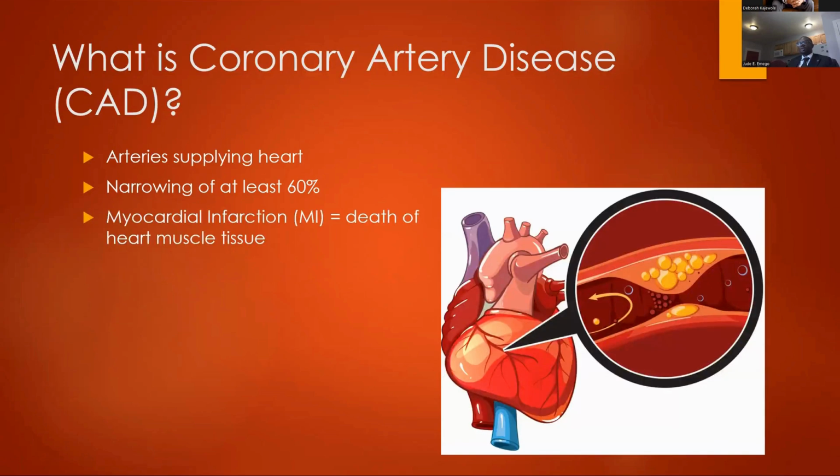Okay, so as you can see, the arteries supply the heart. When we have any blockage in that circulation, or the arteries are constricting, the oxygen is not going where it's supposed to go, and that's coronary artery disease. In the picture on the right side, you can see where there's some fat and the blood vessel is almost completely obstructed.